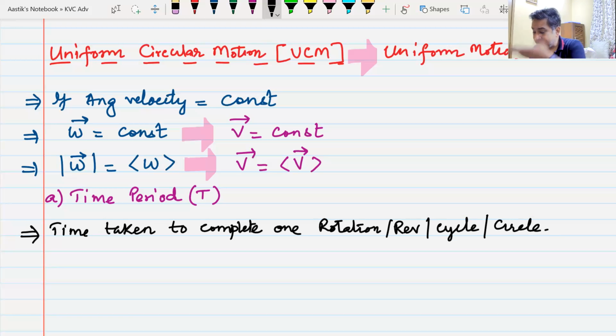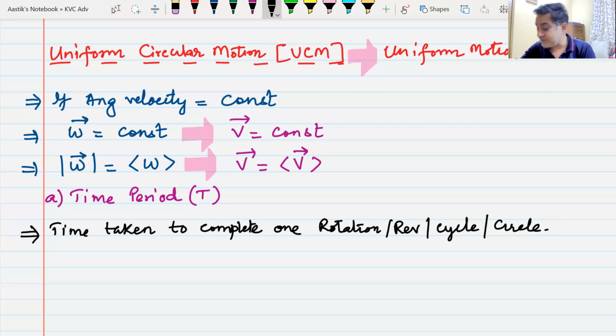Remember, this time period is only defined for UCM. If the motion is not uniform circular motion, the time period cannot be defined, because at different instances it will take different time to complete one circle. It can only be defined for uniform circular motion.